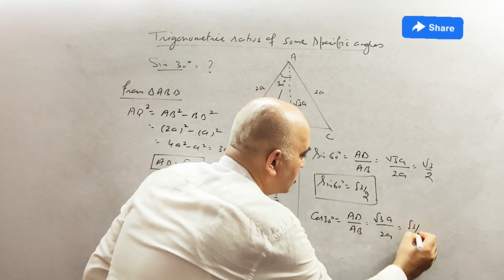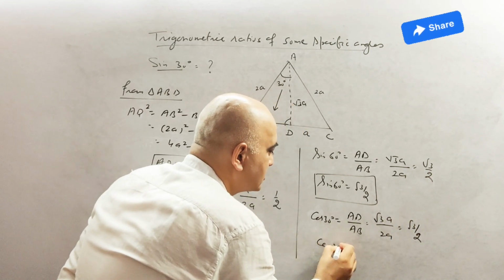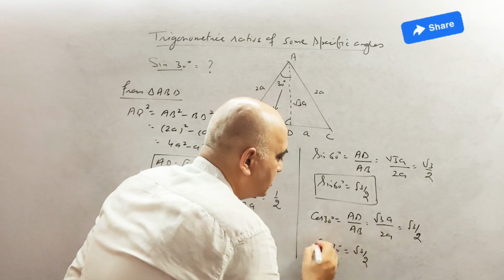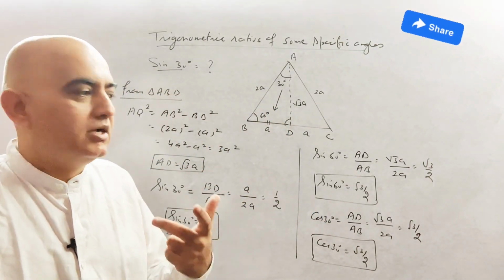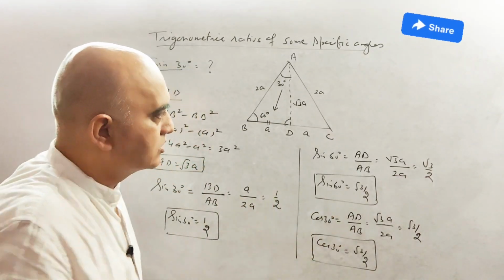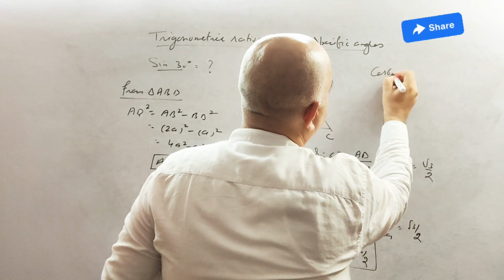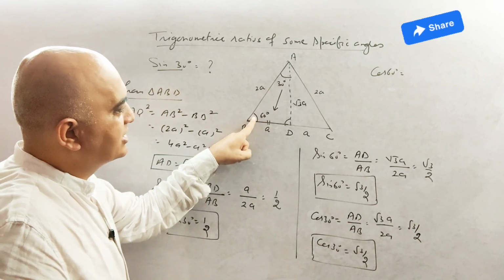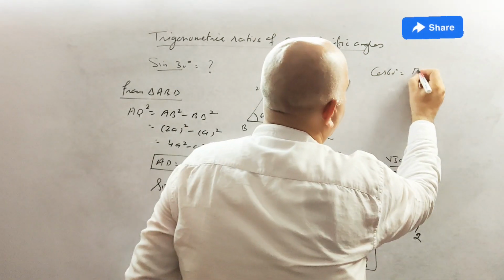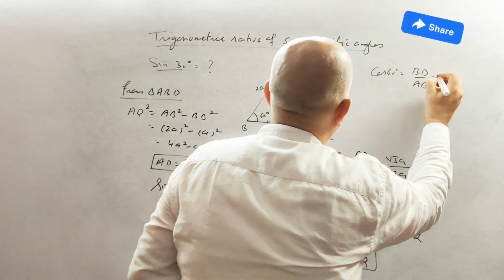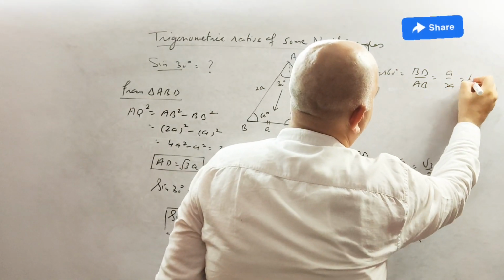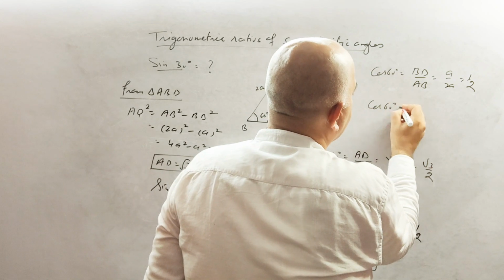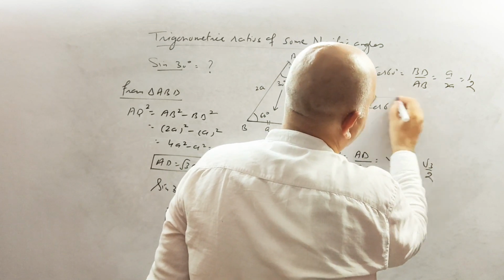That is again root 3 upon 2. So cos 30 becomes root 3 upon 2. Similarly, we can find the value of cos 60. With respect to 60, we have base BD. So BD upon AB is a upon 2a, that is 1 upon 2. Then cos 60 is equal to 1 upon 2.